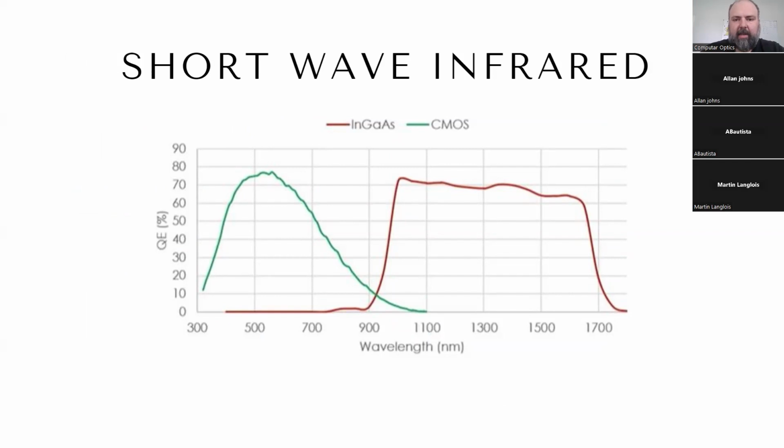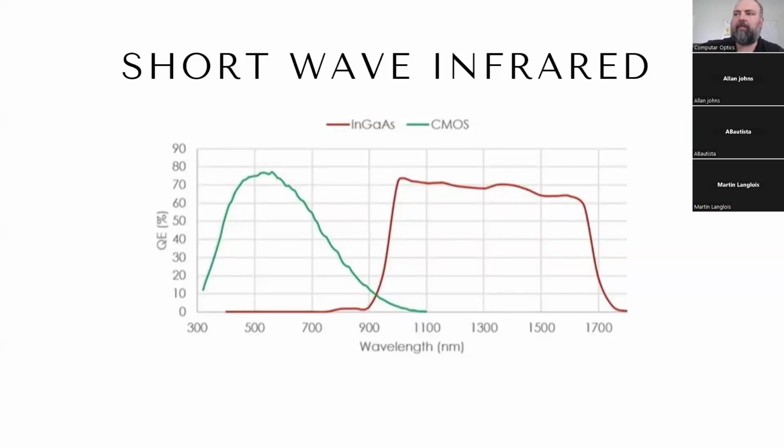So the next thing I wanted to do was break down what the current market covers in your CMOS and InGaAs sensors. This graph right here is showing the quantum efficiency of your typical CMOS and InGaAs sensor across 300 to 1700 nanometer wavelengths. And as you can see, that CMOS sensor is going to be ideal for the visible wavelength.